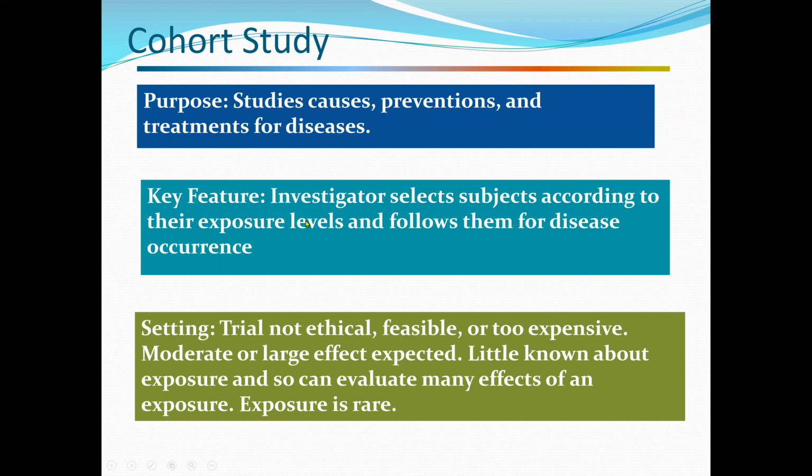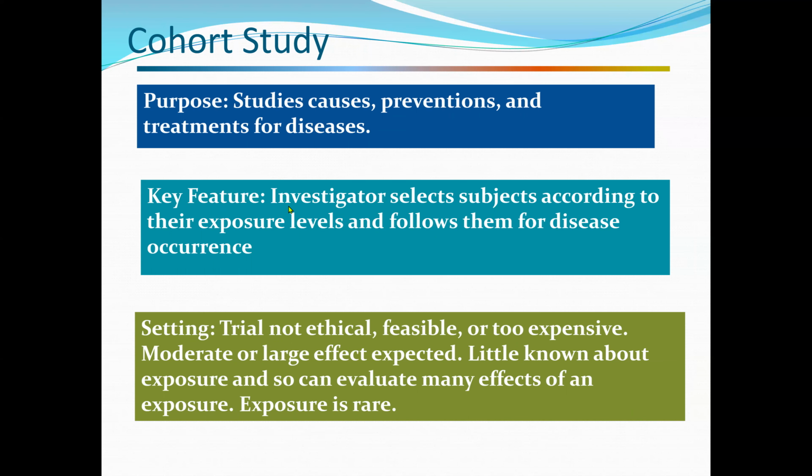The setting can be where a trial is not ethical or feasible, or too expensive. So here we mostly expect moderate or large effects. We learn little about the exposure beforehand, and so we can evaluate many effects of an exposure. So exposure is very, again, rare in this case.